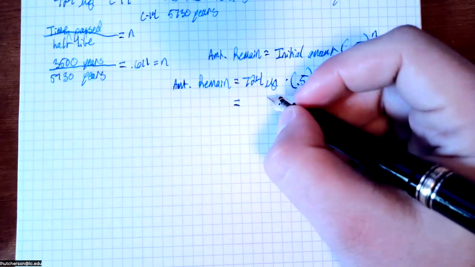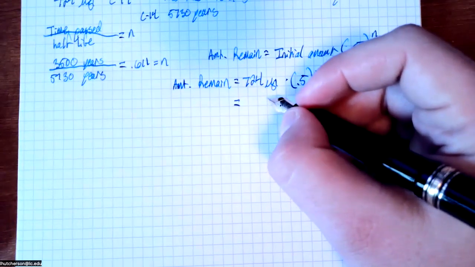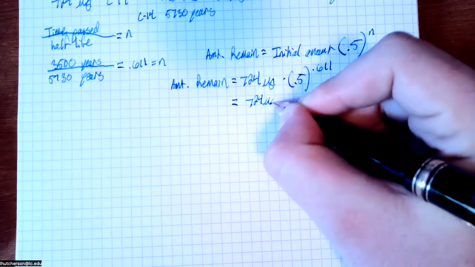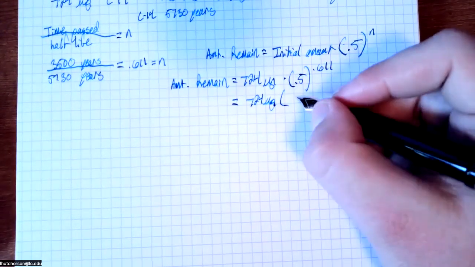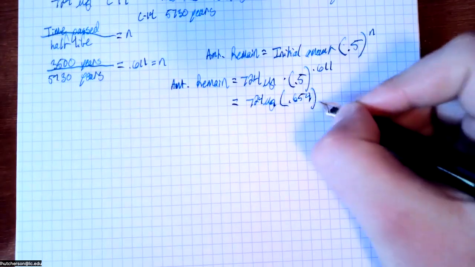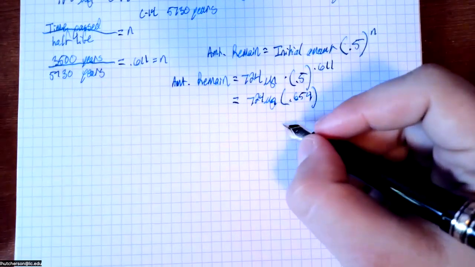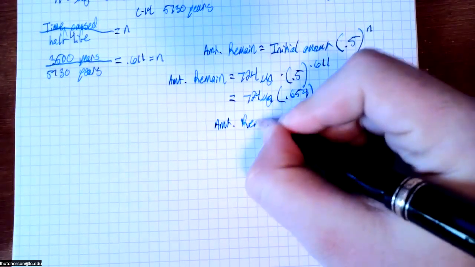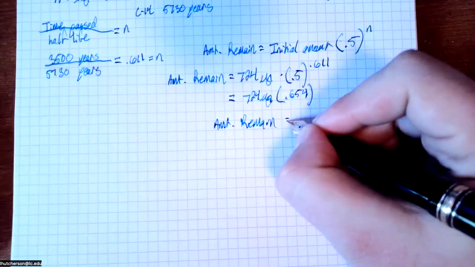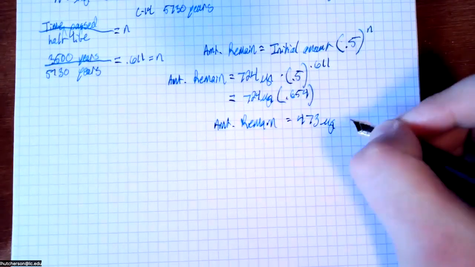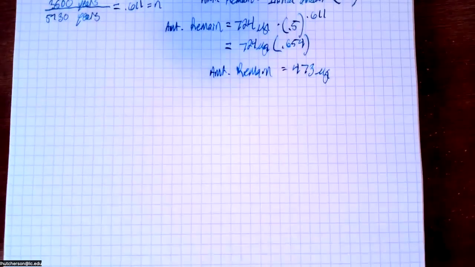That's going to be equal to 724 micrograms times 0.654, which means my amount remaining is equal to 473 micrograms. Right.